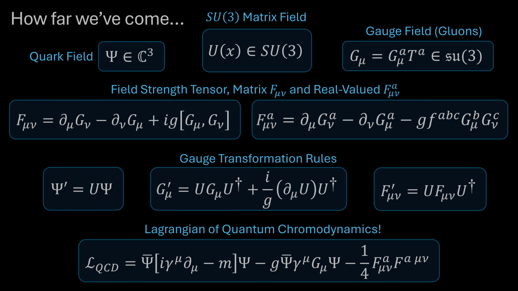And so finally, we've assembled the full QCD Lagrangian, which contains the Dirac Lagrangian, which describes the kinetic and mass energy of the quark field psi. We also then have the interaction term, which describes the interaction between our matter field and our gauge field. And then finally, we have this term which describes how the gluon fields themselves contain their own energy.